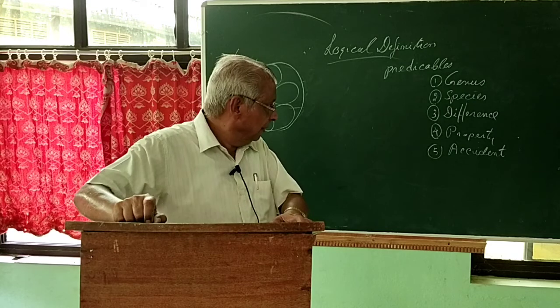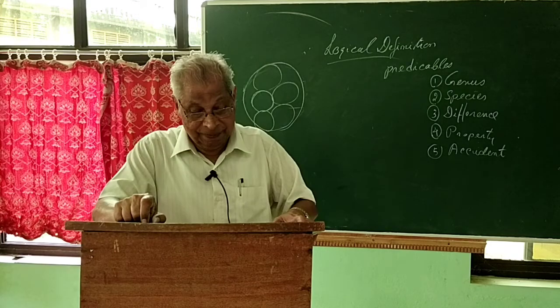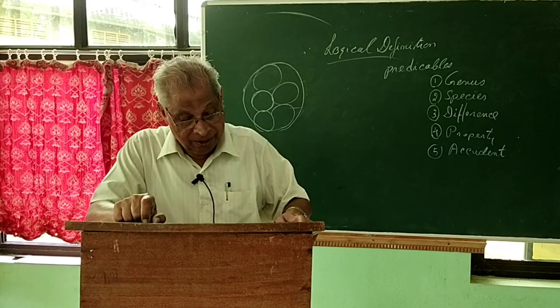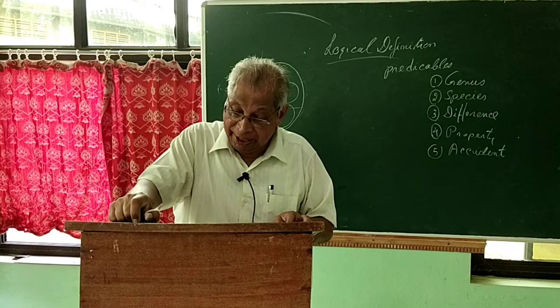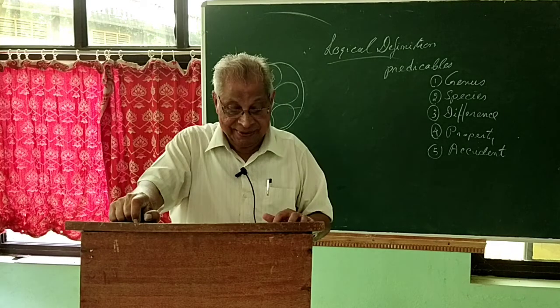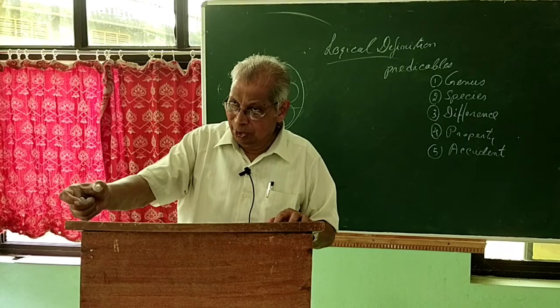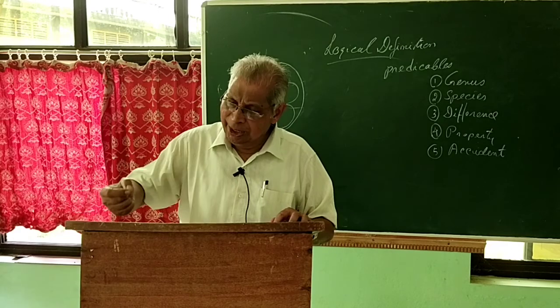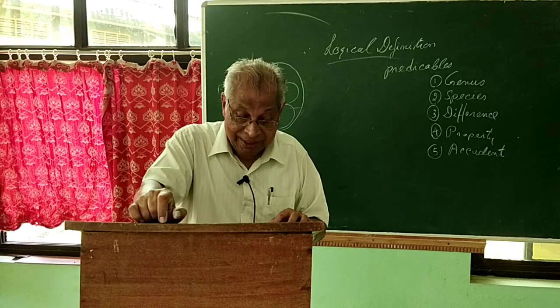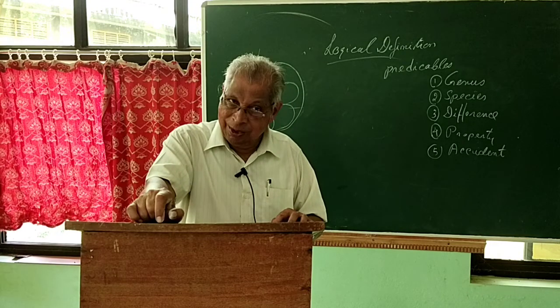Fourth predicable is property, a non-essential characteristic which each individual of the class has. Non-essential. It doesn't constitute the being of that particular class. For instance, laughter.